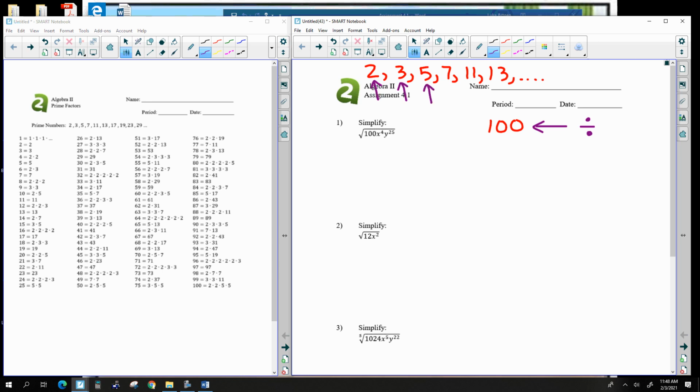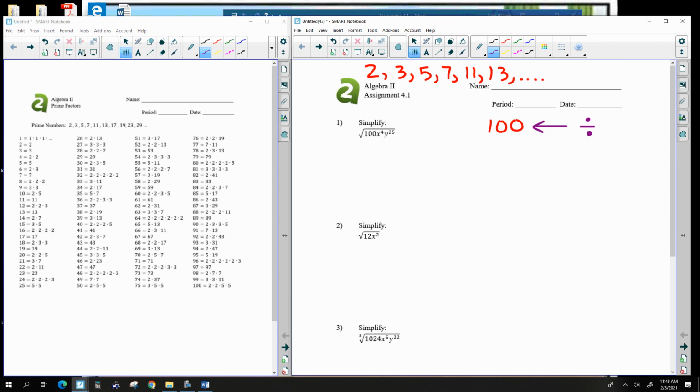And then I'm going to divide by the number 5 as many times as possible, until this number whittles down to be a prime number itself. So here is my method of breaking down a root into its prime numbers.